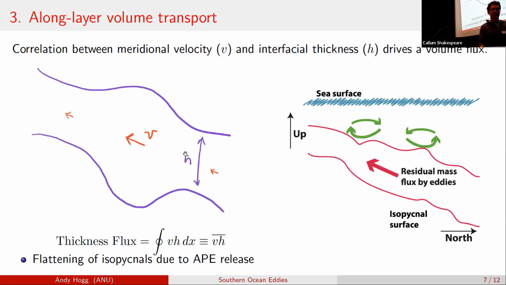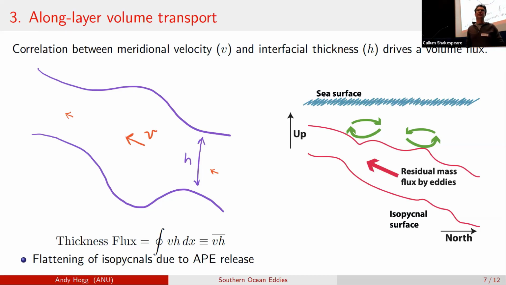You can imagine that if you have variations in the thickness of this layer, H, and you have variations in the meridional velocity at a given time, then the correlation between those variations will produce a residual flux along this isopycnal. And I've, of course, exaggerated the effect here. But once again, this is something that we traditionally think of as an effect of eddies.